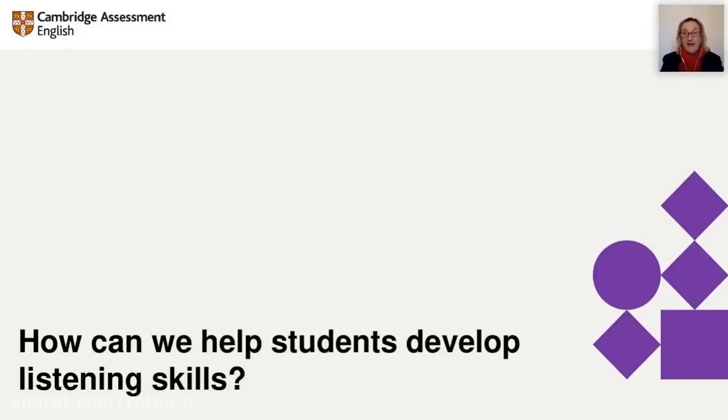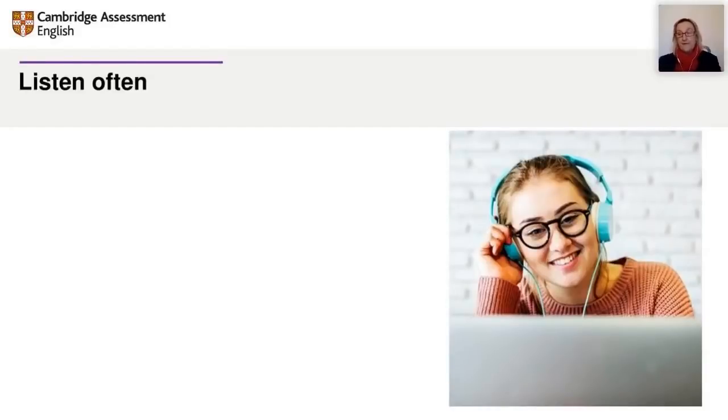So let's have a look at the listening skills and how we can help develop it. The first thing to say is that we need to make sure that we're giving students a healthy diet of listening.